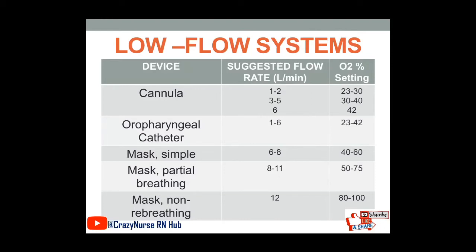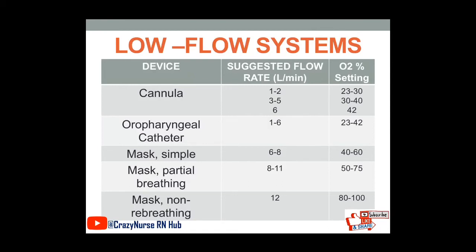We also have your partial rebreathing mask, which could give 8 to 11 liters per minute with 50 to 75% oxygen concentration. Lastly, we have your non-rebreather mask, which could give 20 liters per minute with oxygen concentration between 80 and 100%. So these are your low flow systems.